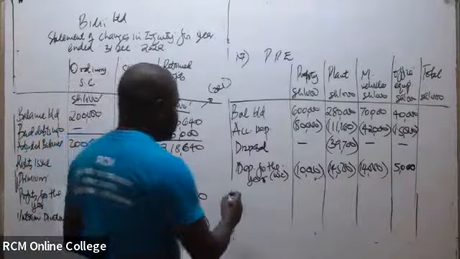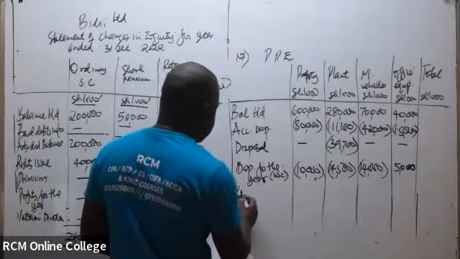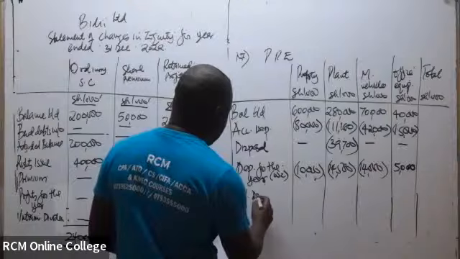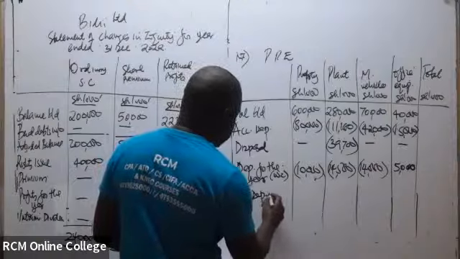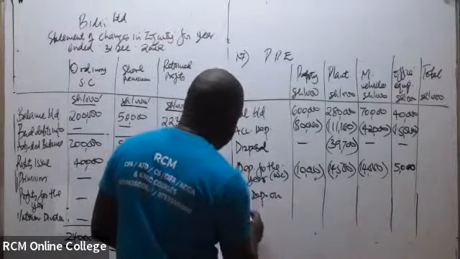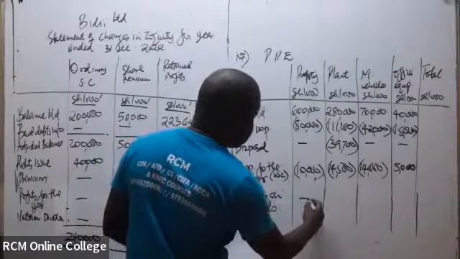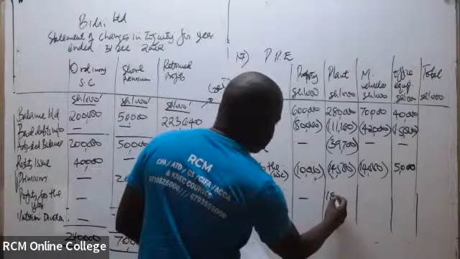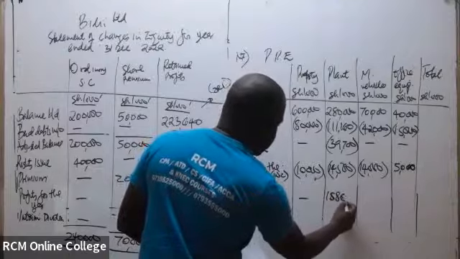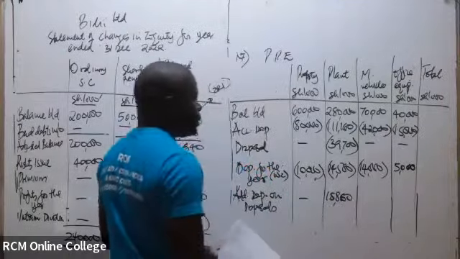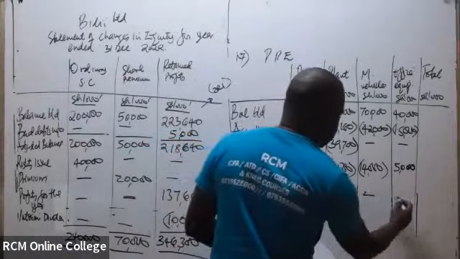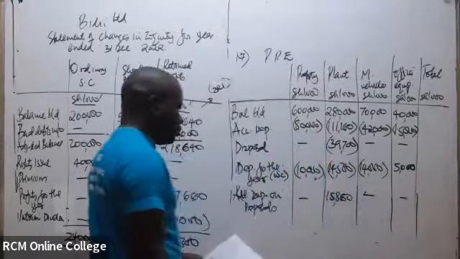So you can add back depreciation on disposals, which is 15,860.